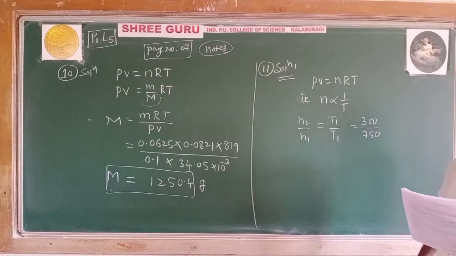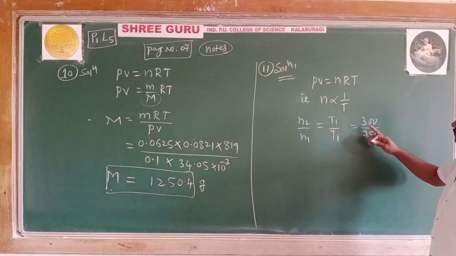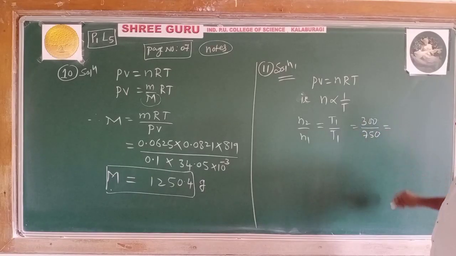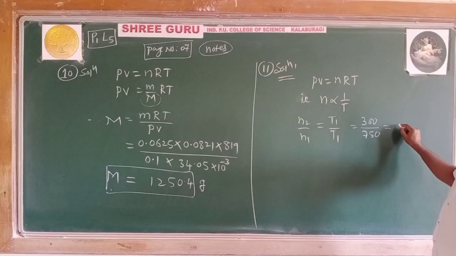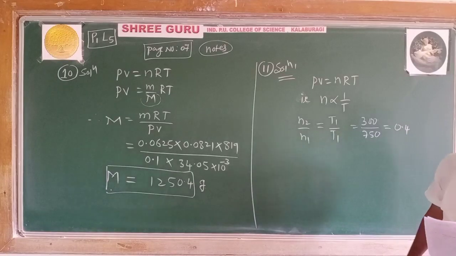So T1 is 300 Kelvin, T2 is 750, and you get N2 by N1 equals 0.4.